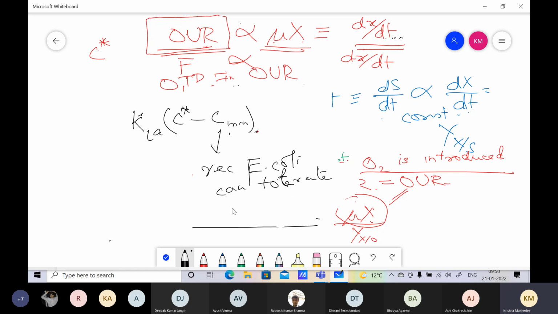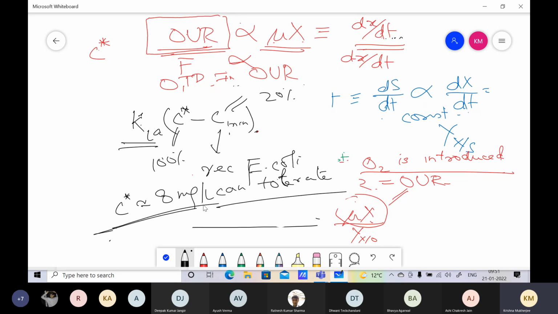So it can tolerate this. So let us say it can tolerate C minimum of 20%, and C star obviously is 100%, so that into KLA. So KLA into 100% minus 20%. I hope you know that C star is approximately for media 8 milligrams per liter or something like that. I don't remember. And so you can find out KLA into C star minus C, which is 100 minus 20.